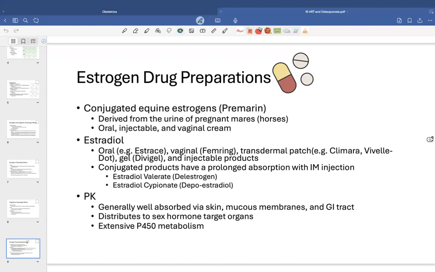I don't know how they figured this out, but when pregnant horses urinated, there is a very, very high concentration of estrogens in that urine. And they basically use that as a way to extract estrogens and formulate it into a pharmaceutical formulation that was made for humans to use.